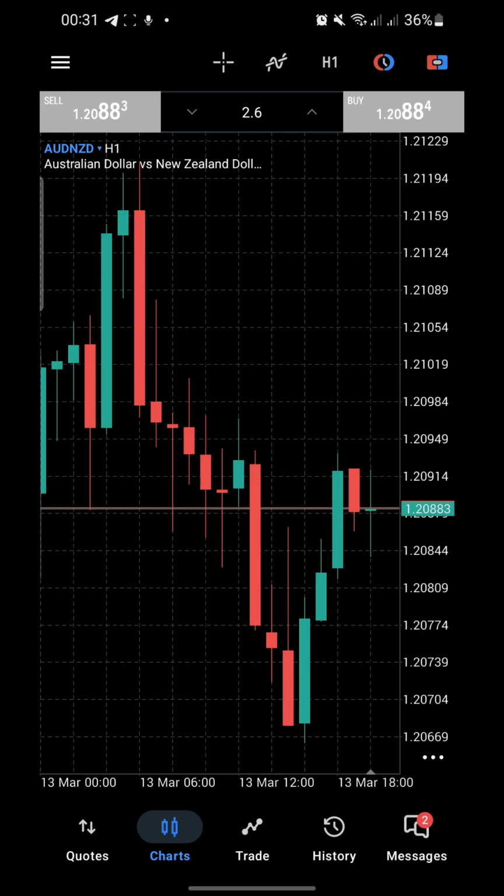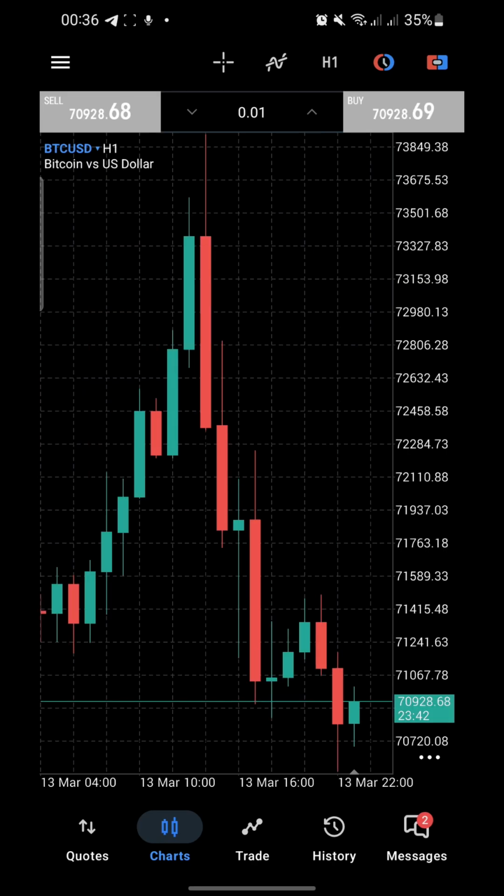So first of all, let's start with liquidity providers. Liquidity providers are large financial institutions or banks that supply buy and sell prices to trading platforms. Think of them as the companies that keep the markets running by constantly offering prices for traders.